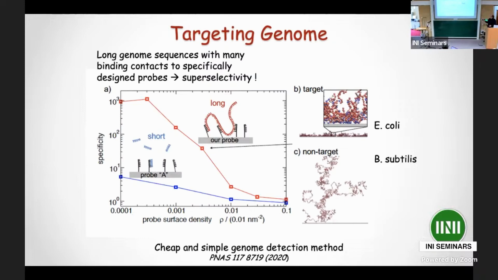Also, our idea here is to put these probes on the colloid, and then if you have genome, the colloids would aggregate, make a large cluster, and that cluster would change the turbidity of the sample, so that you could just look by eyes and see if it's bound or not. So that would be a huge advancement of how to detect bacterial infections.